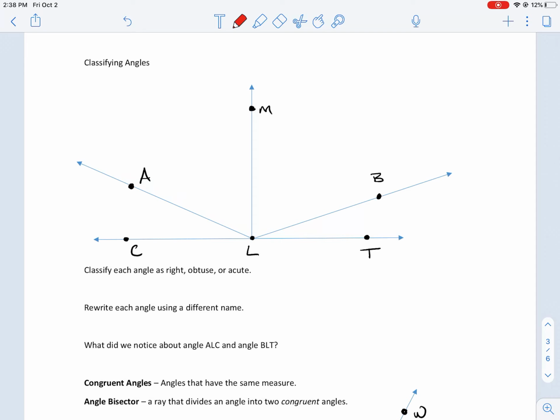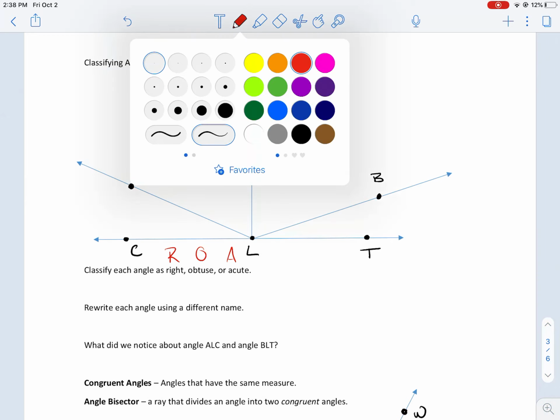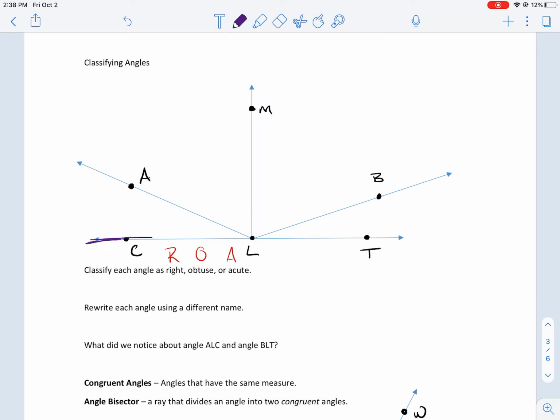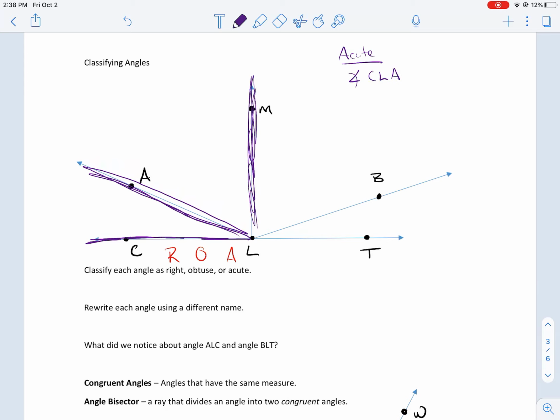Okay, so I'll come back to the right angle part. Let's talk about the acute angle. So I'm going to highlight these and I'll go purple. Okay, so here is our first one, which is, let me write it up here, angle CLA. Here's another one, angle ALM.